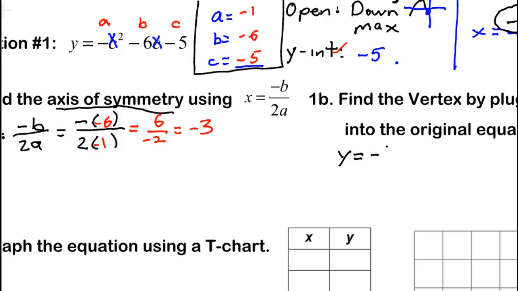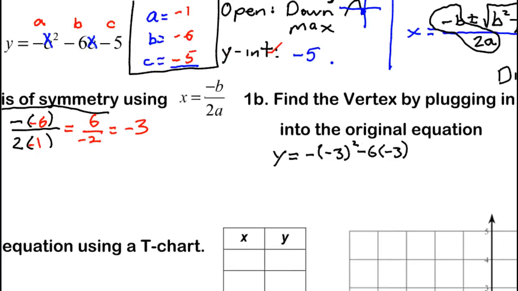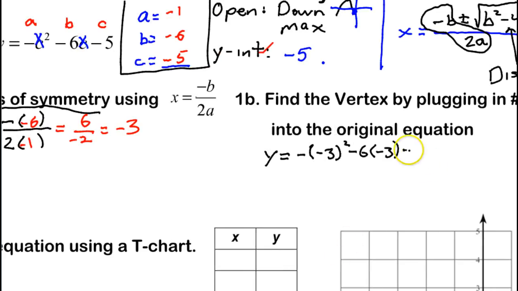Negative x squared, negative 3 squared, minus 6 times negative 3, minus 5. Go ahead and simplify that. Follow the order of operations correctly, and see what you get. Again, don't wait for me to do it and then copy it down. Try it on your own so you know how to do this, so you'll be more careful. Try it on your own.